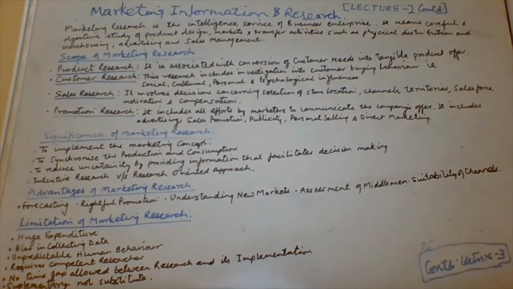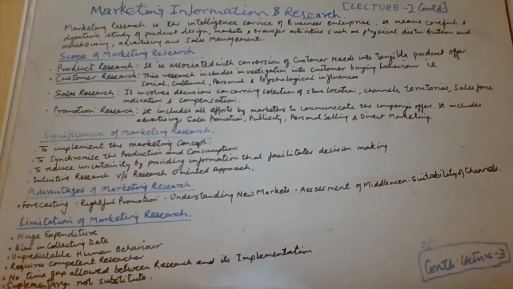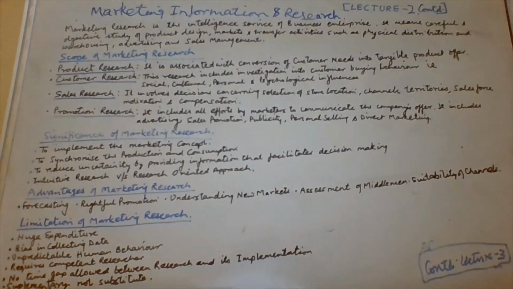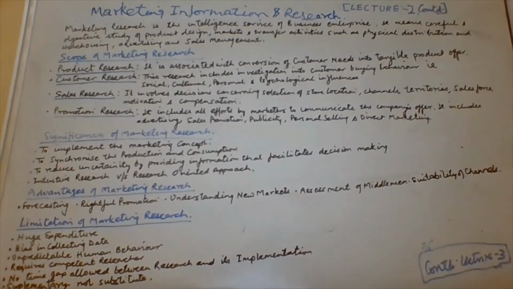Now, when we talk about physical distribution of the product, there are two aspects related to it. One is the movement of the product from the point of manufacture to the point of consumption, that is, from manufacturer to wholesaler to retailer, and finally to the consumer. Another aspect of physical distribution is the logistics aspect, that is, how the product will be transported from the point of manufacture to the destination for distribution.